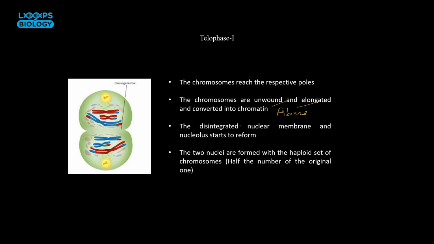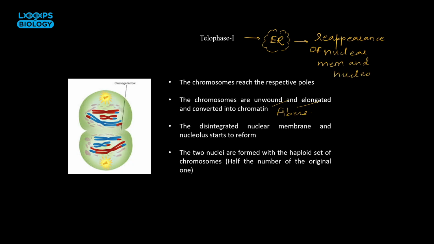That means this telophase 1 will send a signal to the ER, endoplasmic reticulum, and there will be reappearance of the nuclear membrane and nucleolus. Alright, easy peasy. And two nuclei are formed with the haploid set of chromosomes.